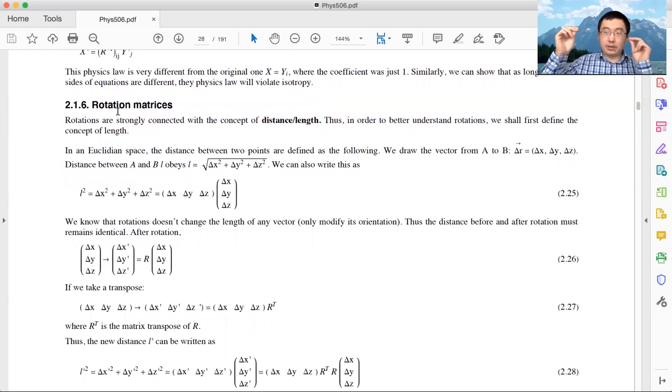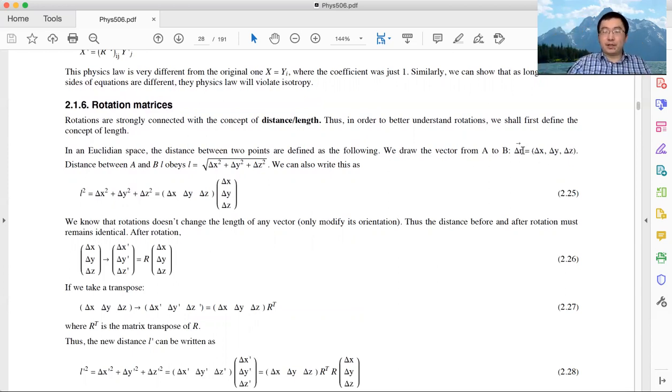If we have a vector under rotation, the orientation changes, but the length remains the same. For example, let's say we have a point A and a point B, and the distance between A and B is described by a vector delta r, pointing from point A to point B.